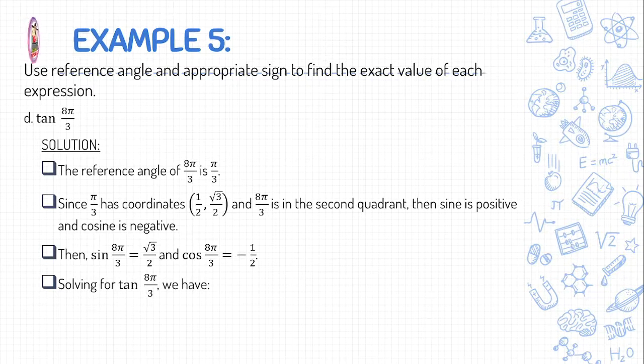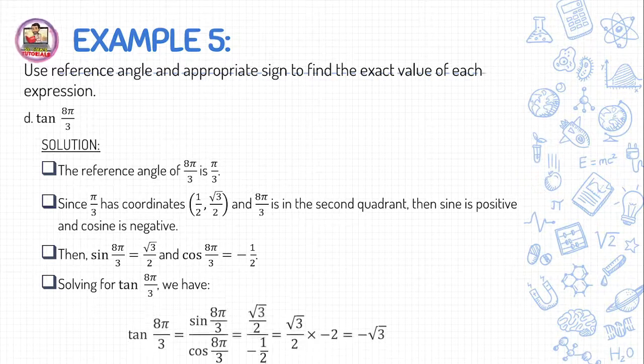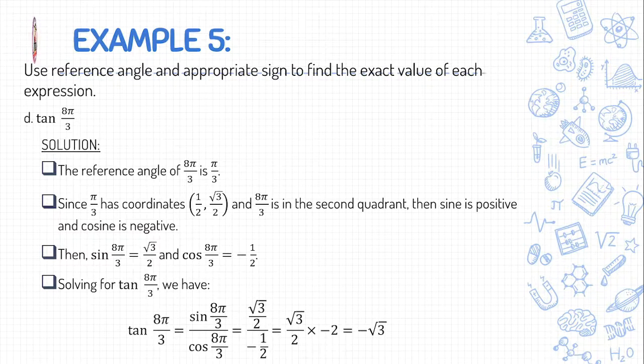Solving for tangent 8 pi all over 3, then we have tangent 8 pi all over 3 is equal to sine 8 pi all over 3 all over cosine 8 pi all over 3. So we have square root of 3 all over 2 all over negative 1/2. Since division using a fraction ito, we replace the operation to multiplication and we get the reciprocal of the divisor.